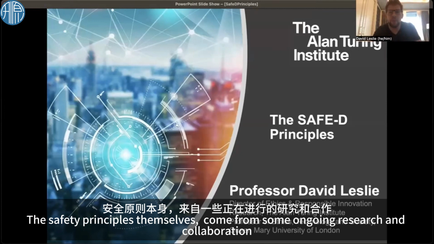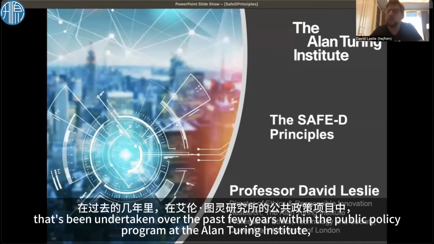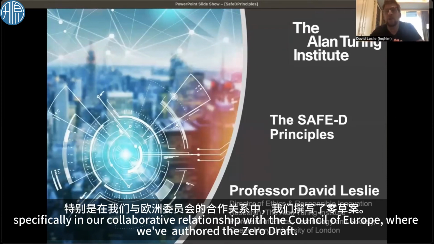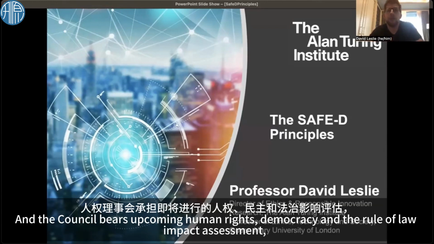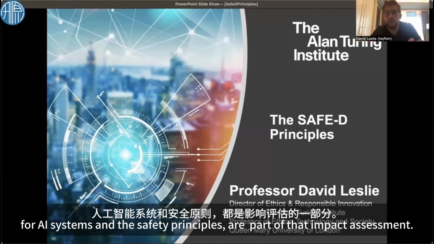The safety principles themselves come from ongoing research and collaboration undertaken over the past few years within the public policy program at the Alan Turing Institute, specifically in our collaborative relationship with the Council of Europe, where we've authored the zero draft of the Council of Europe's upcoming Human Rights, Democracy, and the Rule of Law Impact Assessment for AI systems, and the safety principles are part of that impact assessment.